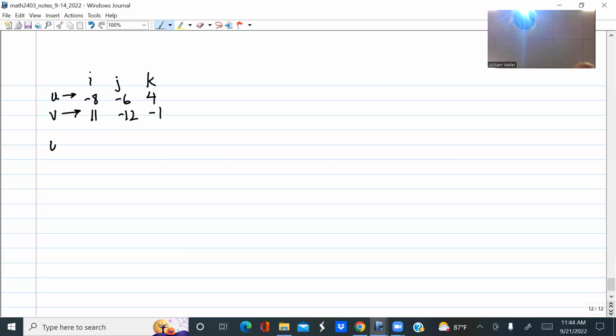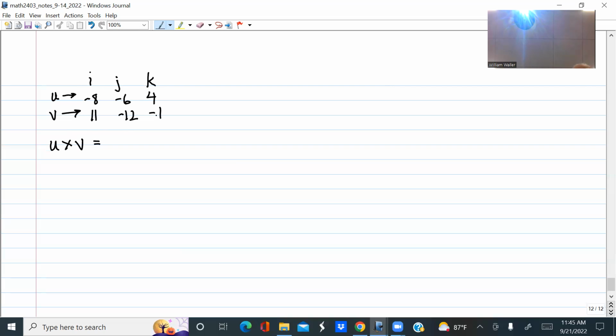So to compute u cross v, which is going to be a vector, remember, you play this little game, right? You think of eliminating the first column, and then in the second two columns, you compute the cross product of the last two rows. So you would get what?